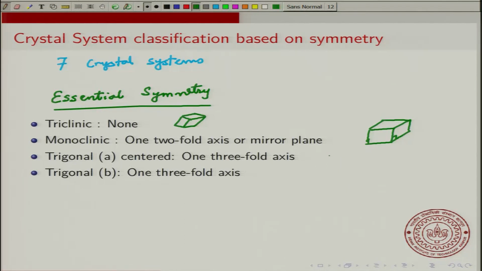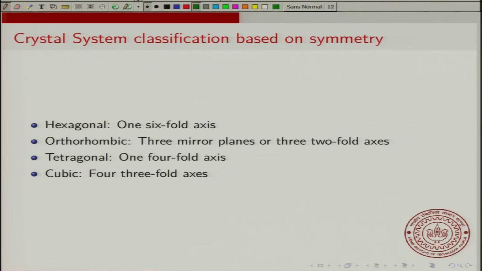But just in brief, of the two trigonal systems, one was a centered one and one was not centered, and each of them has one three-fold axis. The next one was the hexagonal system. This had one six-fold axis. Again, I won't go into this in detail, but we have seen the hexagonal system many times.